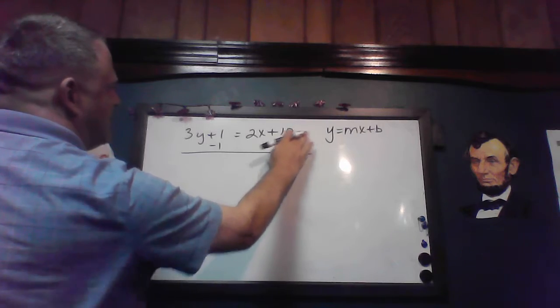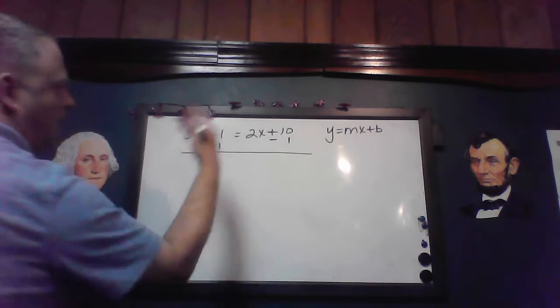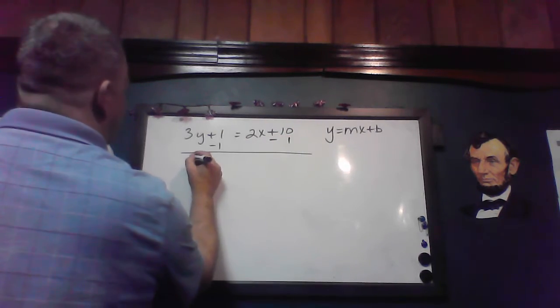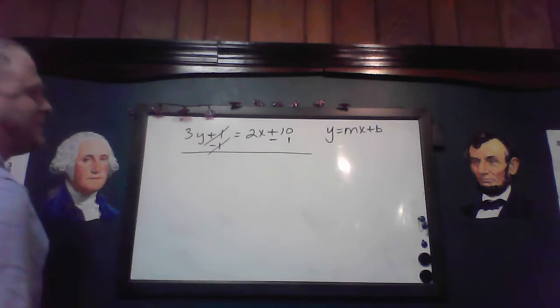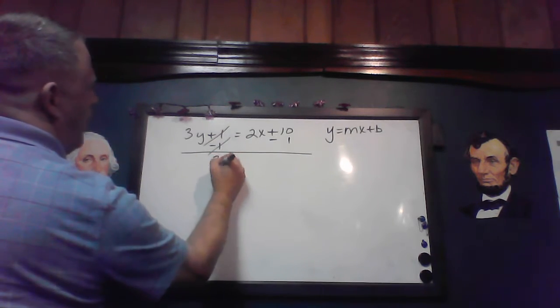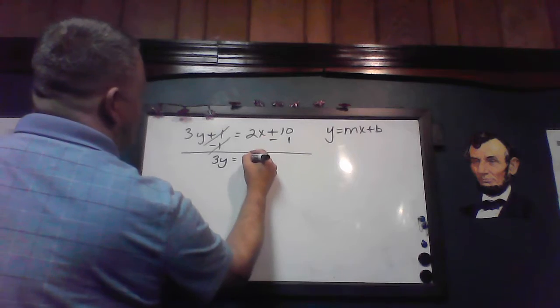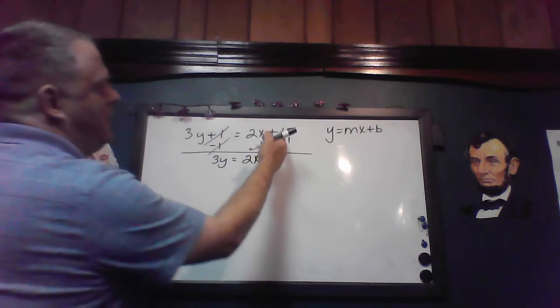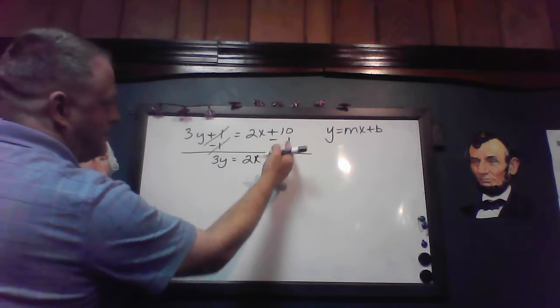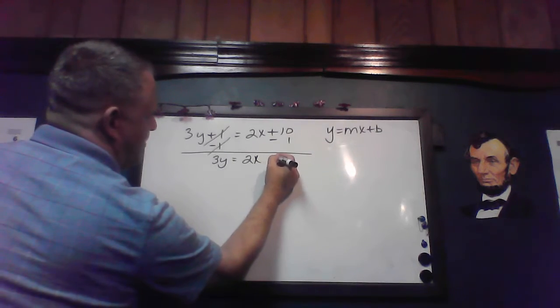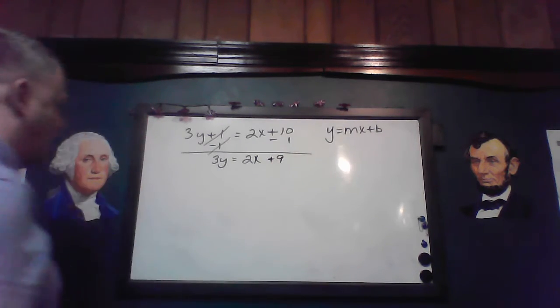I guess in this circumstance, we could put it right here to make it a little easier to read. So we cross out our 1's. 3y equals 2x. Now this is positive 10 minus 1, which is going to be positive 9.